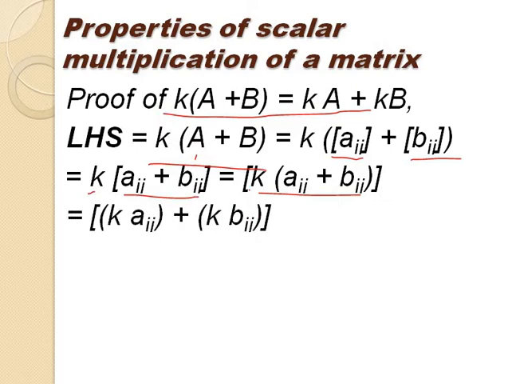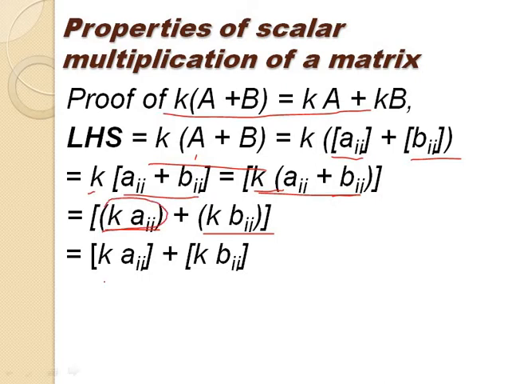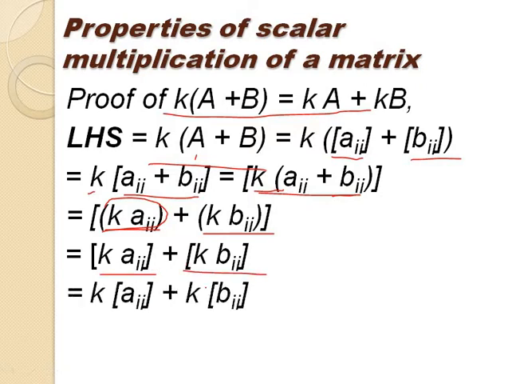Now since these are all individual values, we can use the distributive property and link this one like that again. So this shows that this is matrix A and this is matrix B. These both can be written separately, and thus we have proved that one.